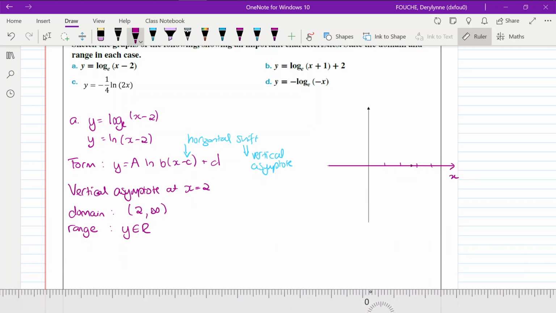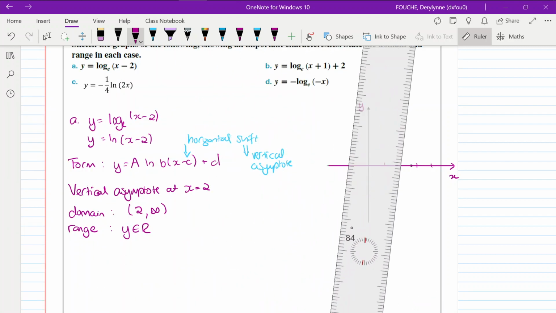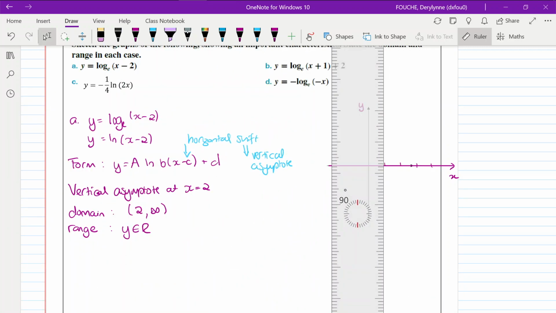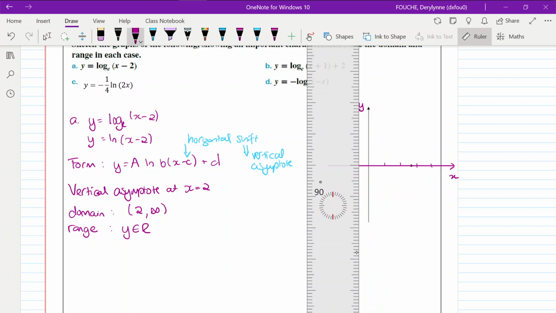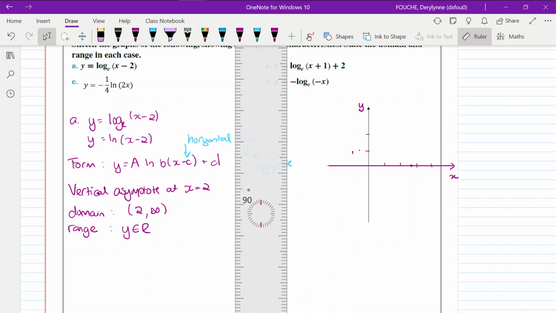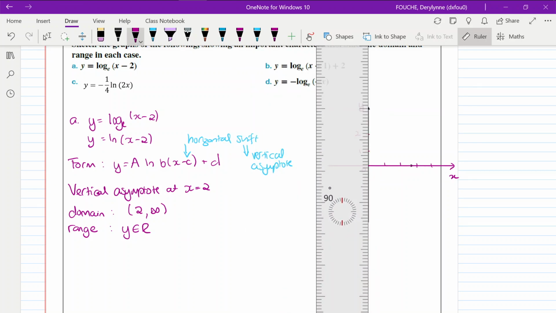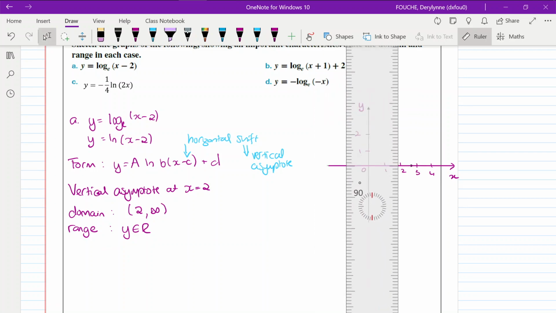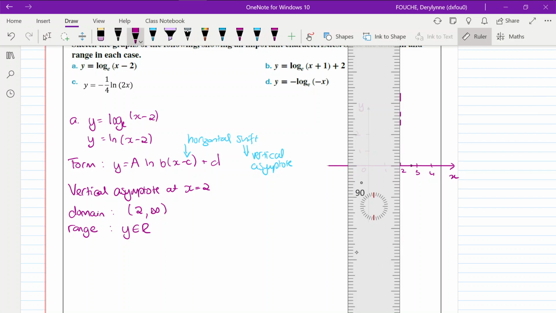Okay, so there's my x, there's my y. So we have a vertical asymptote at x equals 2, and we always sketch that in with a dotted line, and we label it.